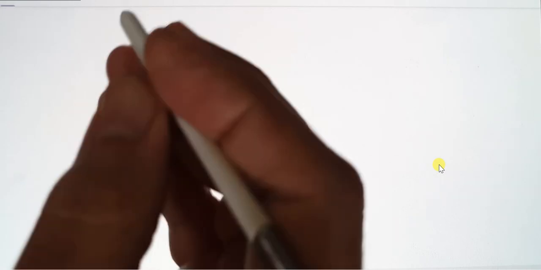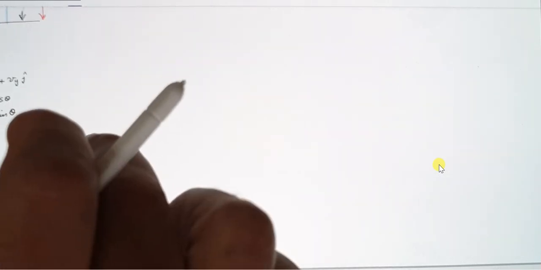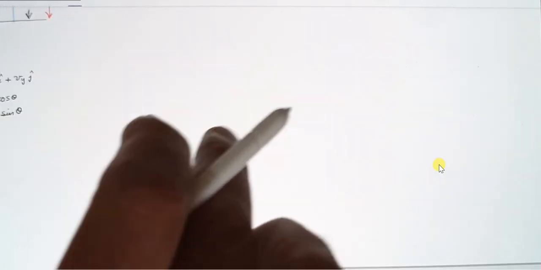I think I need to just leave a space. So let's say I'll start here. Example.